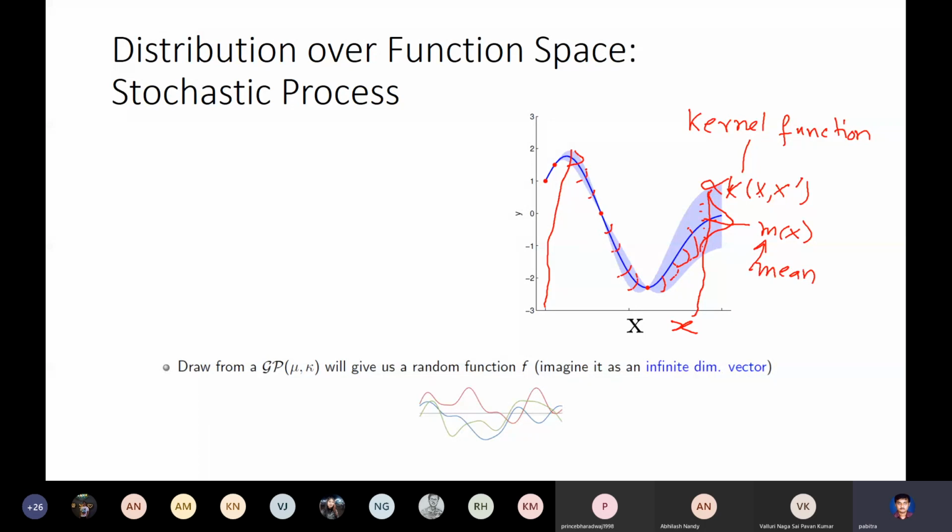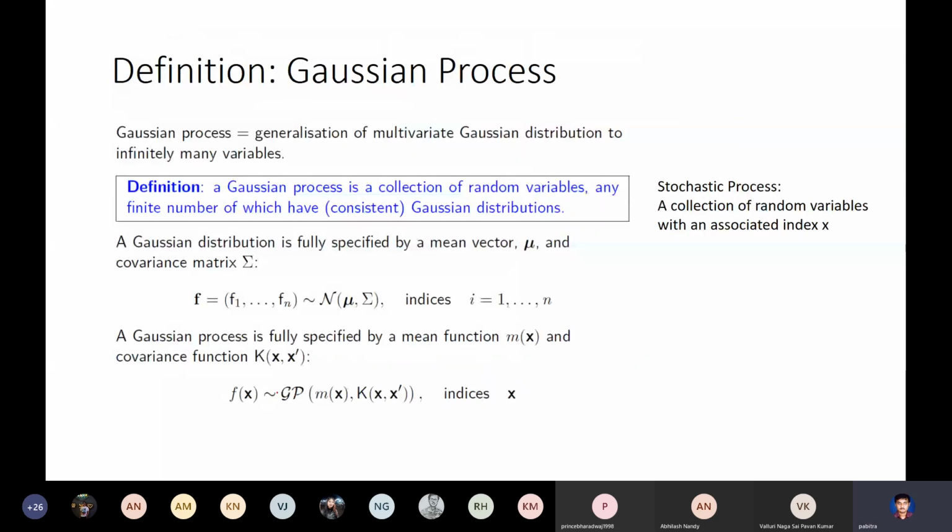So we say this set of functions f(x) is distributed as a Gaussian process with two parameters, the mean function and the kernel function k(x, x prime). The kernel function is very much related to the covariance function. A Gaussian, you know, has two parameters, the mean and the variance.